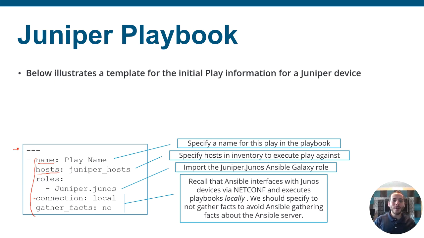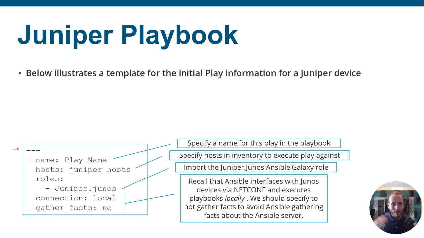This is required due to our devices being managed via netconf, and we should specify not to gather facts of our local Ansible management host, because we just don't need to gather facts of our Linux server every time that we execute a play, right? So this is just the initial little metadata information that you would have within your play.